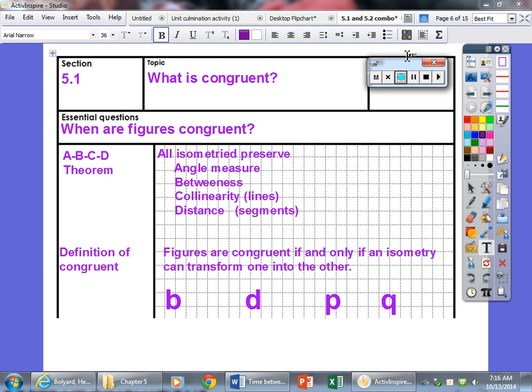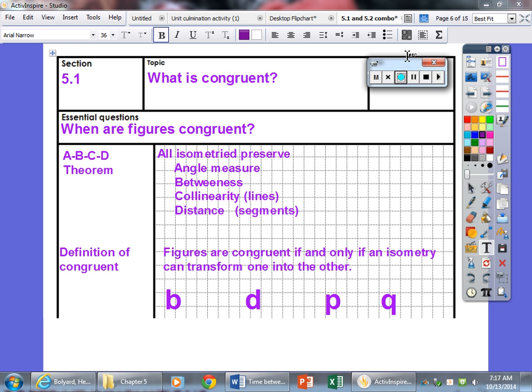B, betweenness, which sort of means that if a point is between 2 points on a line in the pre-image, it will be between the same 2 points in the image. Collinearity and distance.